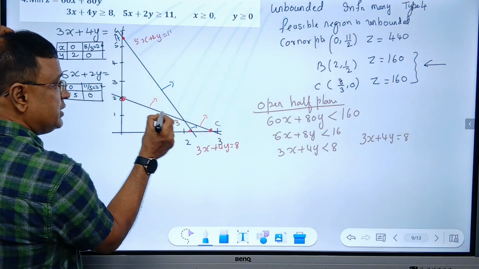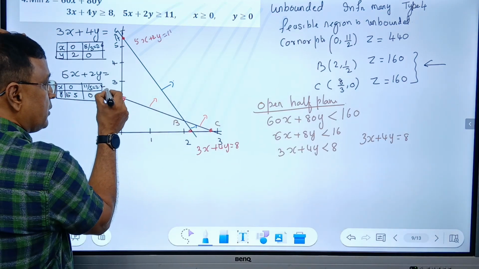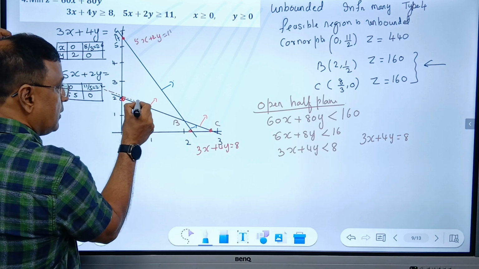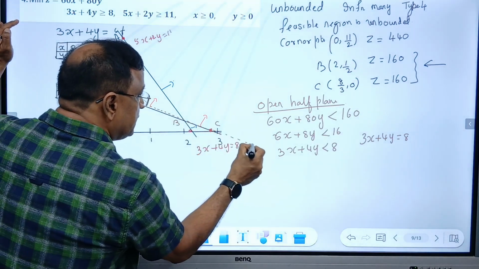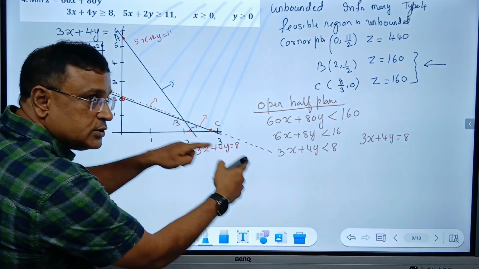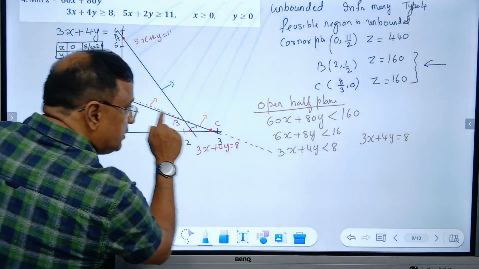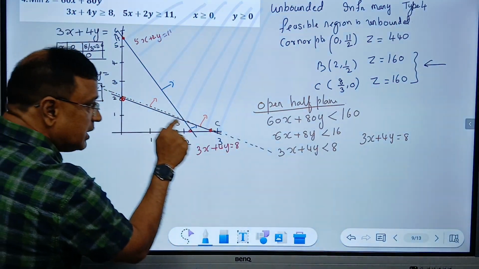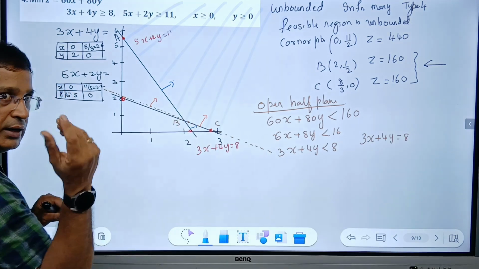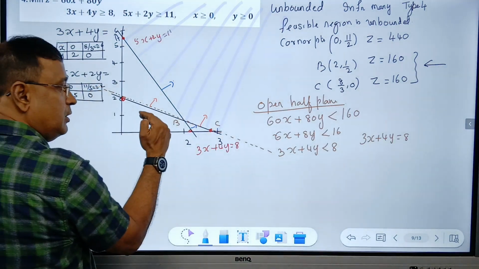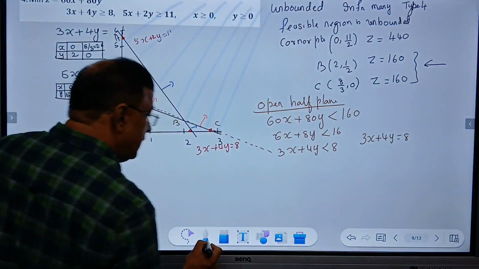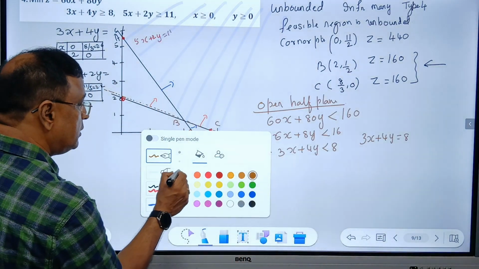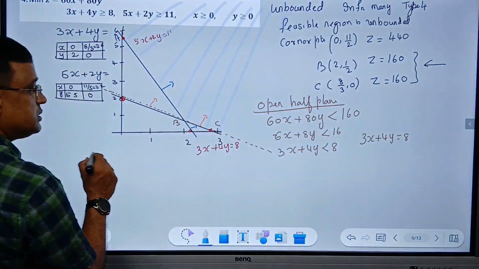For you to differentiate, I will draw somewhere here. This is my open half plane. Please understand, what I am drawing is wrong. It should coincide with that black line, with this line. Just to make you understand, to visualize it, I have drawn a little away. And since it is less than, it will be towards origin. So let's shade it towards origin.